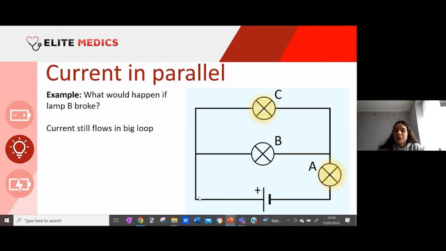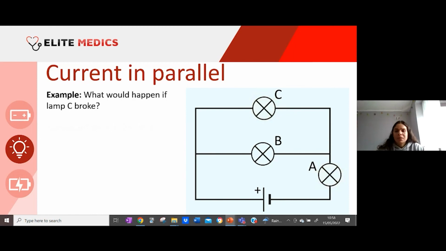So again, you're trying to look for a path that you can still travel through without breaking the circuit. So there is a loop that you could go through, even without this lamp working. So you could travel through here, here, here, and here, and everything would still be working.